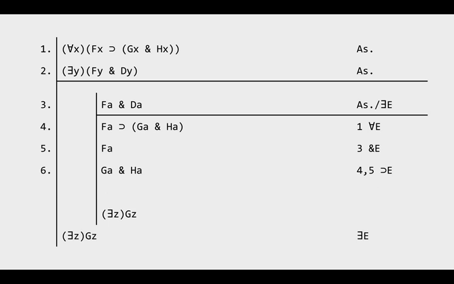Whenever you are eliminating the universal quantifier, you definitely need an individual constant that will be useful at some point. Okay, so from here, it's pretty straightforward. We go ahead and take out the GA from line 6, conjunction elimination, and then simple enough, existential introduction.